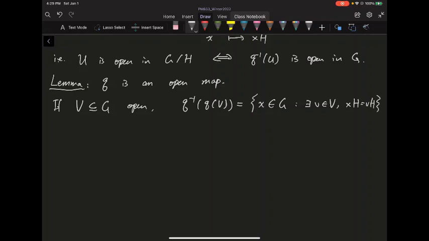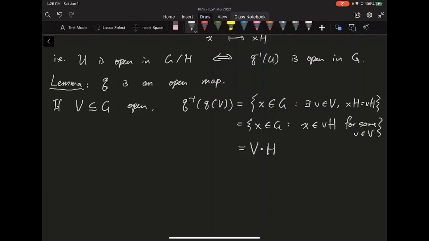If you recall from group theory, xH and vH are the same if and only if x is inside vH. That's the same as saying x is inside vH for some v in V. Another way of looking at it is that x is just v times something in H, so this is essentially just V·H.